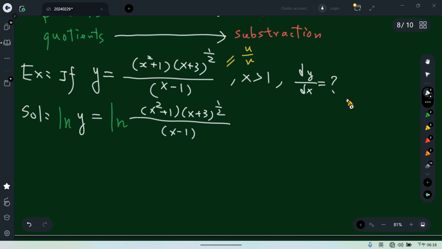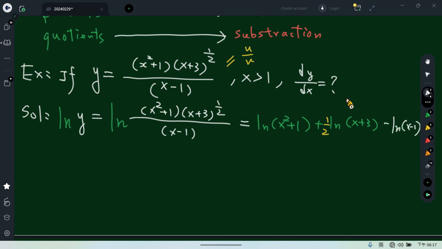After you take its ln value, it will become ln(x squared plus 1) plus ln(x plus 3), because 1/2 can move down to here, then minus ln(x minus 1).